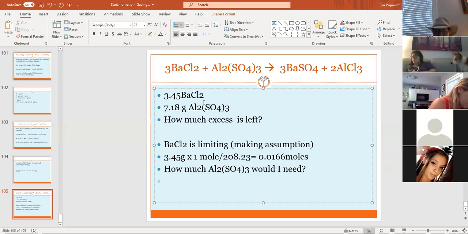So I have 0.0166 moles barium chloride times, what is that molar ratio? 3:1. Am I going to put the 3 on top or the 1 on top? 3 on the bottom and 1 on top.